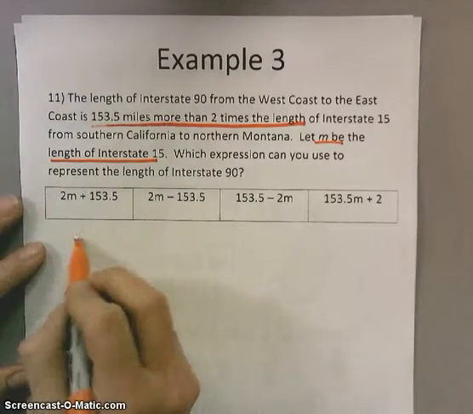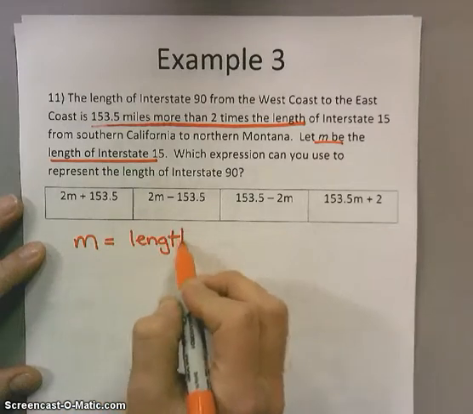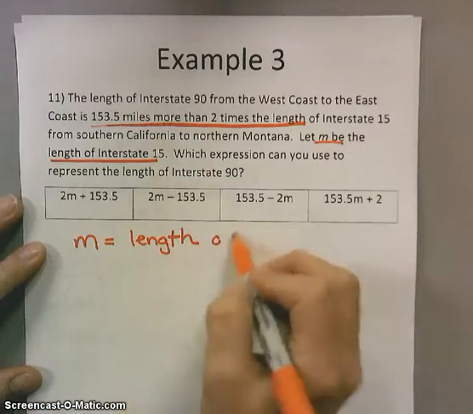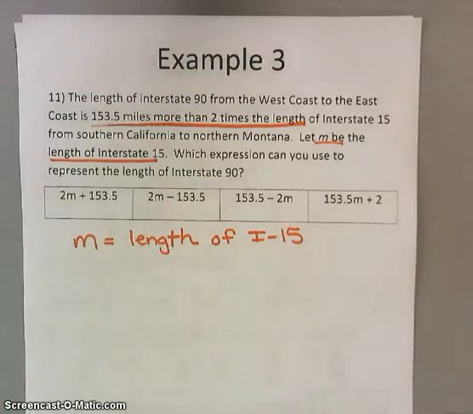So I know that M is equal to the length of Interstate 15. What it says is that the length of Interstate 90 is 153 5/10 miles more than 2 times the length of Interstate 15.